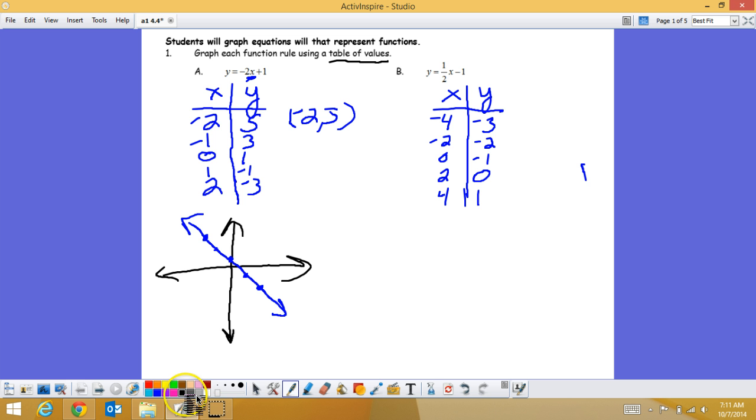So to graph this, we will just plot those points to give us an idea of what this graph will look like. So for example, -4, -3 would be about down there. -2, -2, 0, -1, 2, 0, and 4, 1.